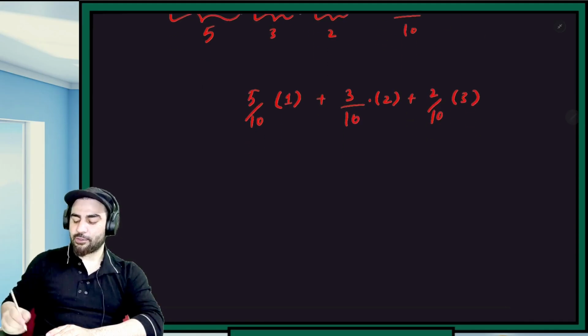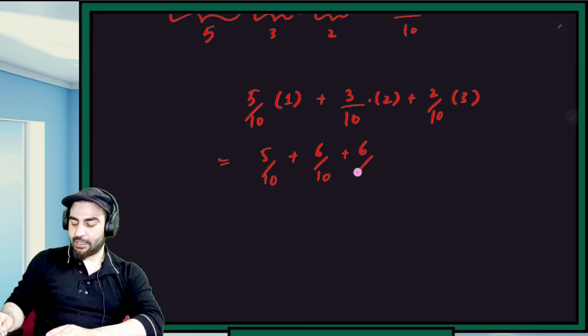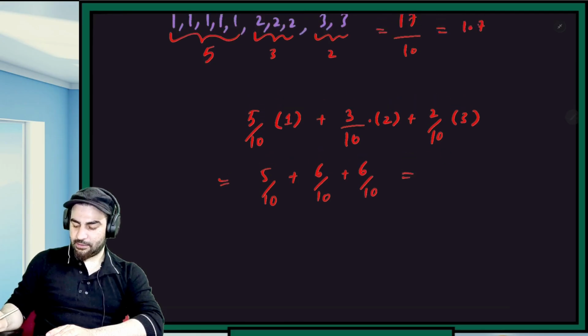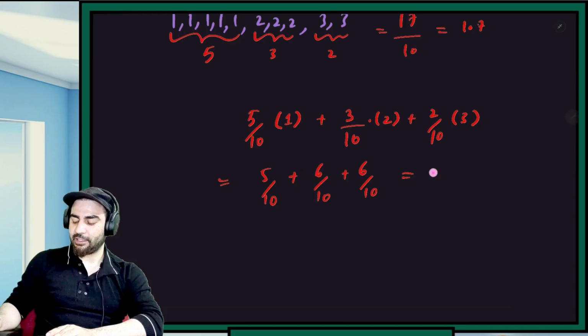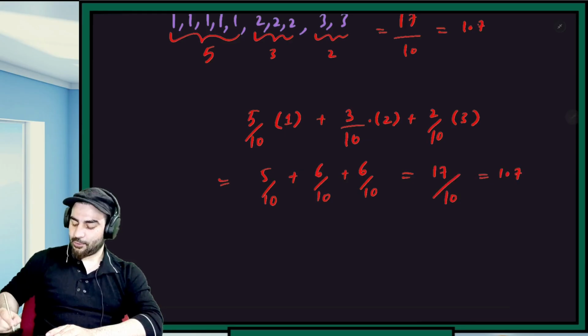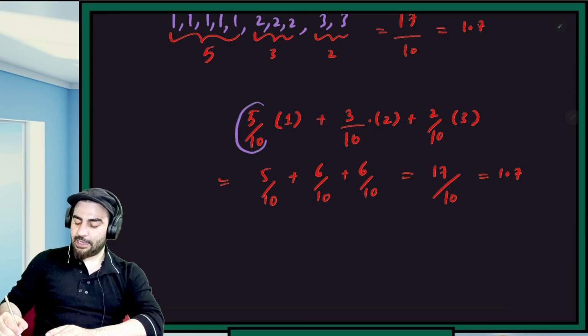If I compute this, this is 5 by 10 plus 6 by 10 plus 6 by 10. So this is 5 plus 6 plus 6, is this 21? This is 17, sorry. 17 divided by 10, this is correct. So this is 1.7. So in here, if you see, I added these coefficients over here.